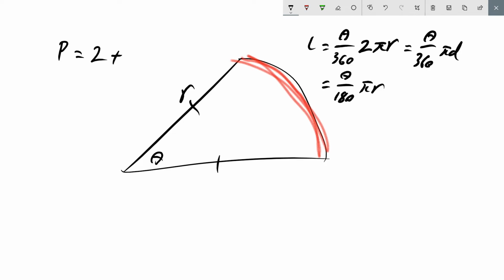You can say that this is 1/9. So 20 over 180 equal to 1 over 9. So 1 over 9 times pi times the radius, which is 1. So it's a 1/9 of pi. And then you can approximate that, and that'll be the perimeter of this pizza slice.